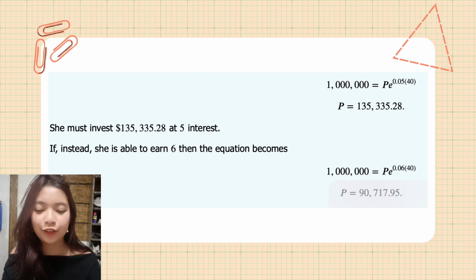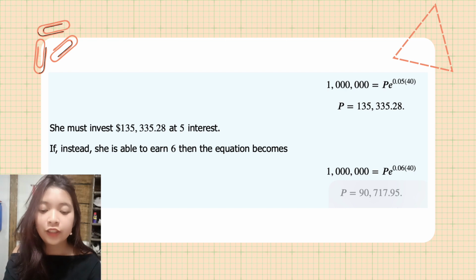For our solution, we have 1 million equals P e raised to 0.05 times 40. Therefore, the value of P is equivalent to 135,335.28. She must invest 135,335.28 at 5% interest. If instead she is able to earn 6%, then the equation becomes 1 million equals P e raised to 0.06 times 40.